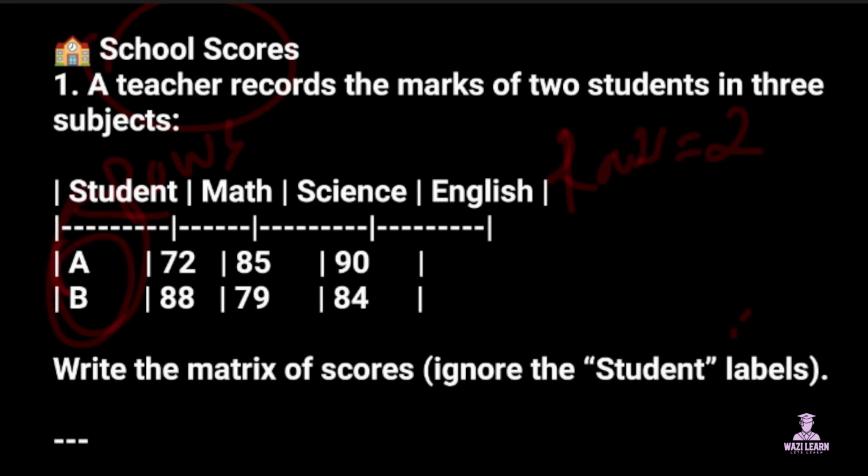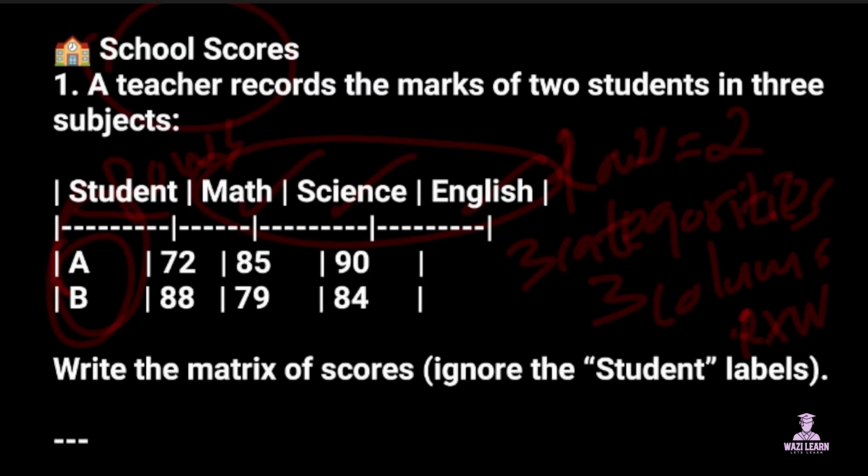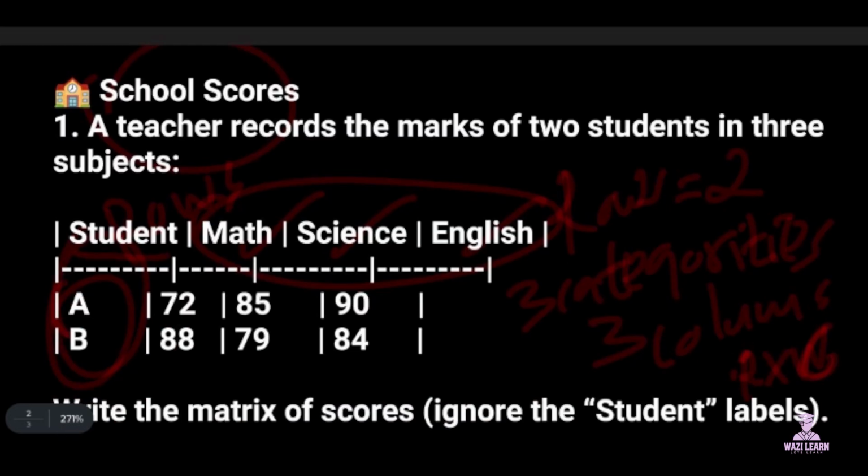Columns are the categories or variables. We have 3 categories in this situation, so we have 3 columns. Note that matrices are written in the form of rows times columns.